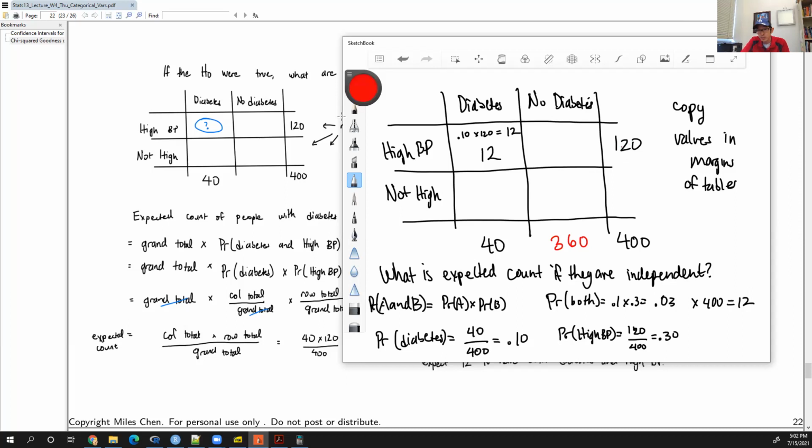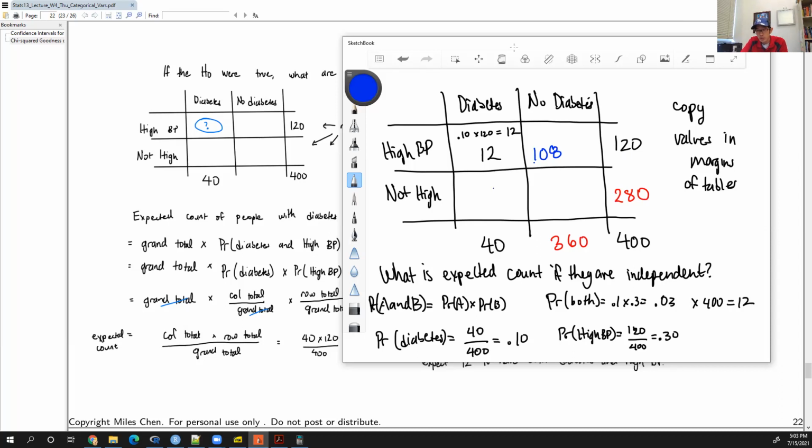And in order for 120 plus something to be 400, this has to be 280. Once you have 12 in the table, you only have to calculate one cell because everything else gets determined. Whatever number goes here, 12 plus something has to add to 120, so there's only one possibility. It has to be 108.